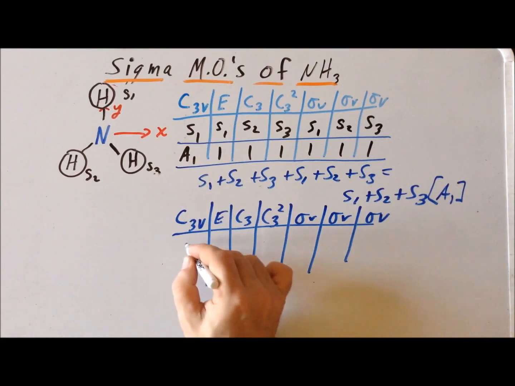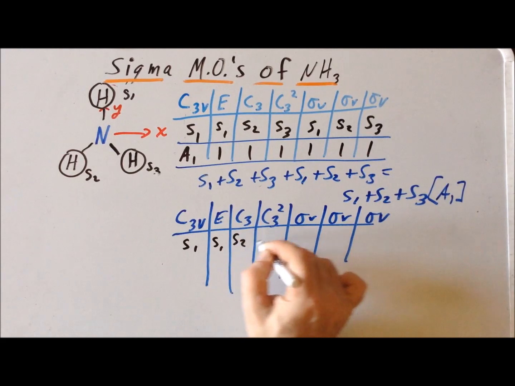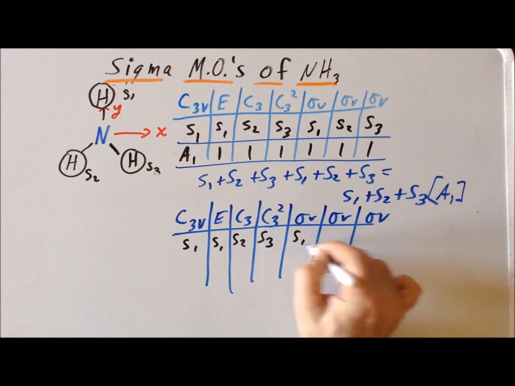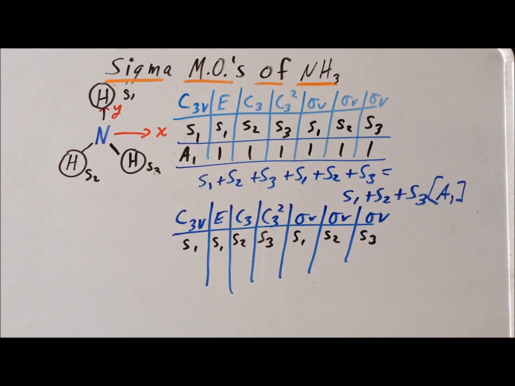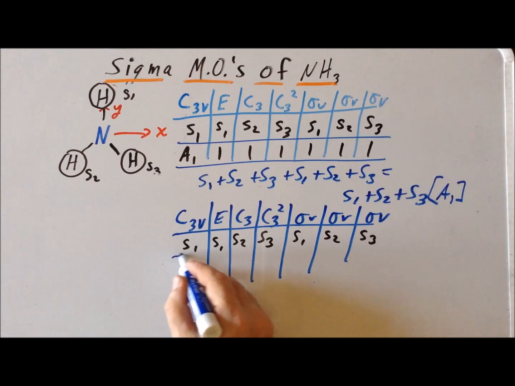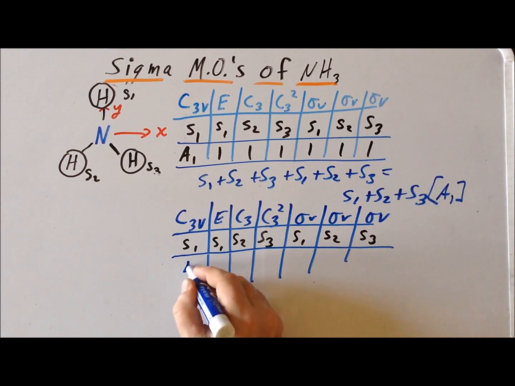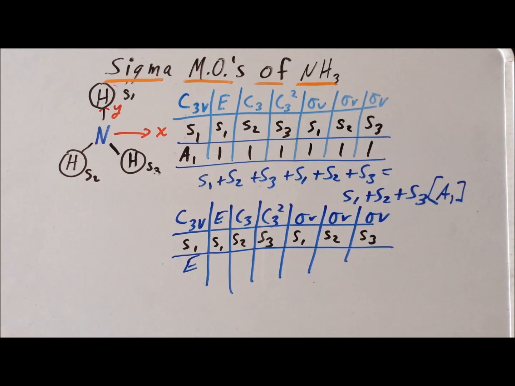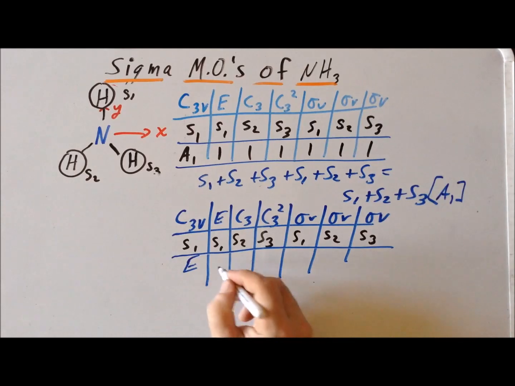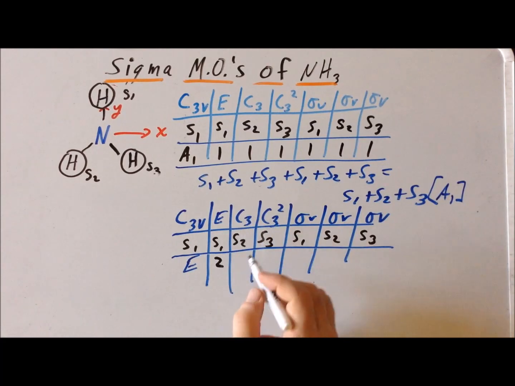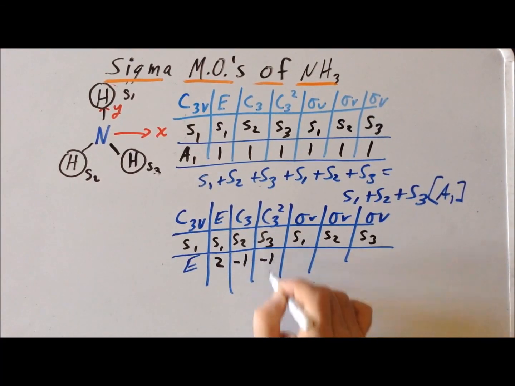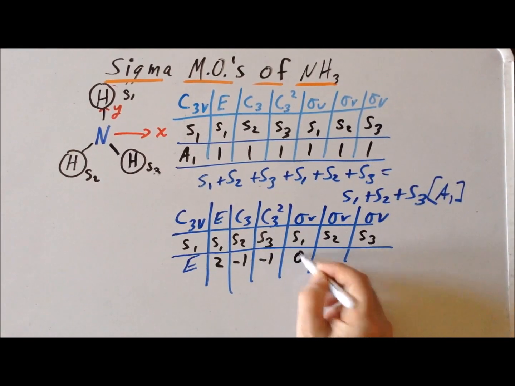So we have what happens to S1: S1, S2, S3, S1, S2, and S3. So now we want to write down the characters for the E doubly degenerate representation. And we notice by looking at the character table that the character for E is +2. The character for each of the C3s, so for anything in this C3 class, is going to be -1. So make sure we put -1 for both of these. And we also notice that the characters for the sigma V's are all equal to 0.